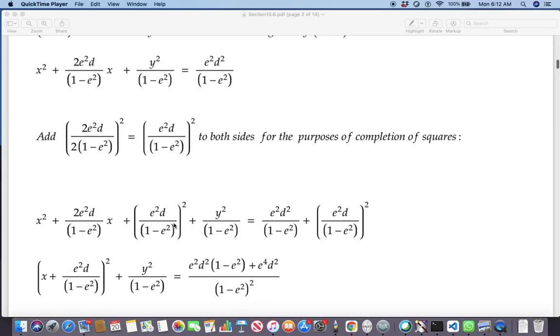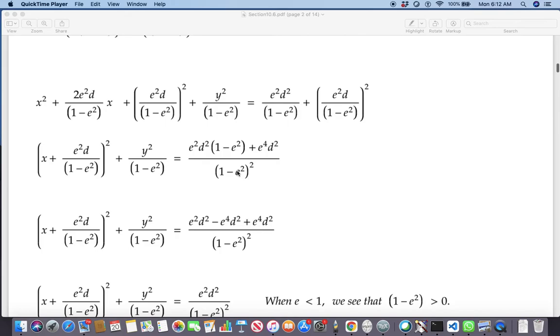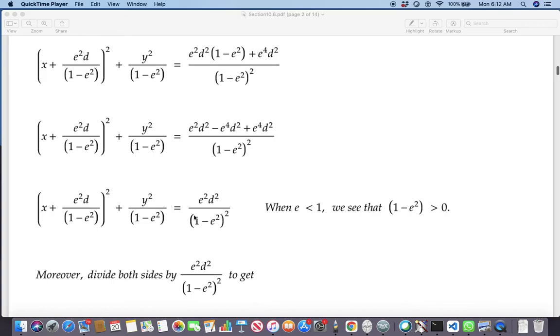So these three terms form a complete square, (x plus e squared d over (1 minus e squared)) squared, plus y squared over (1 minus e squared). Take this, get a common denominator and proceed. When you simplify all of this out, you get the following description.